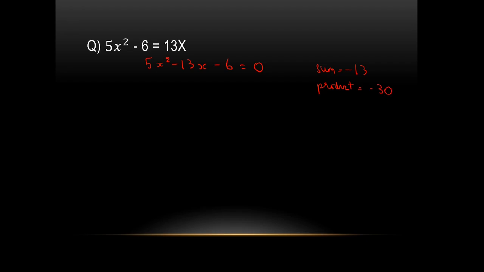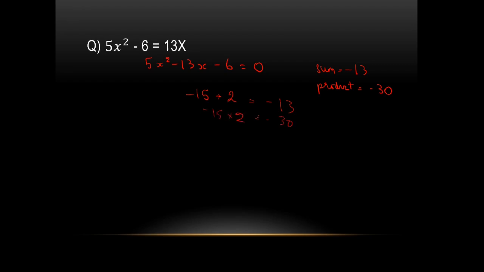Let us check. Here we can take minus 15 and 2. Minus 15 plus 2 is equal to minus 13, and minus 15 into 2 is equal to minus 30.